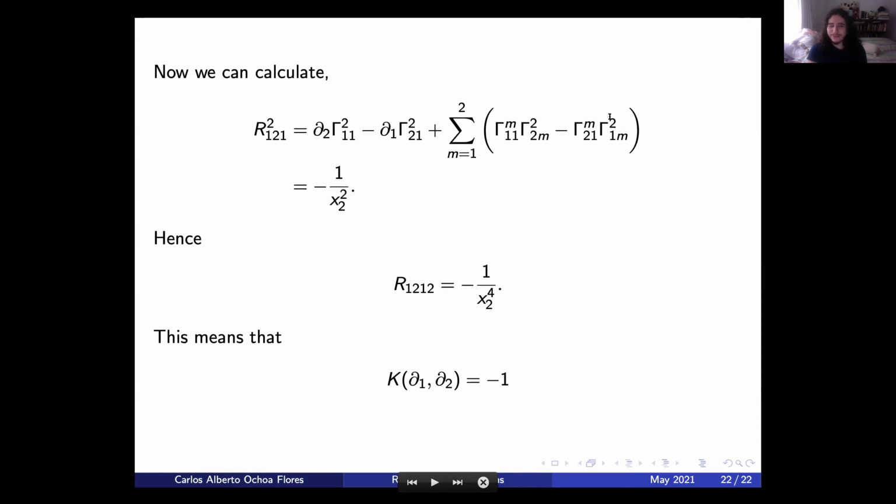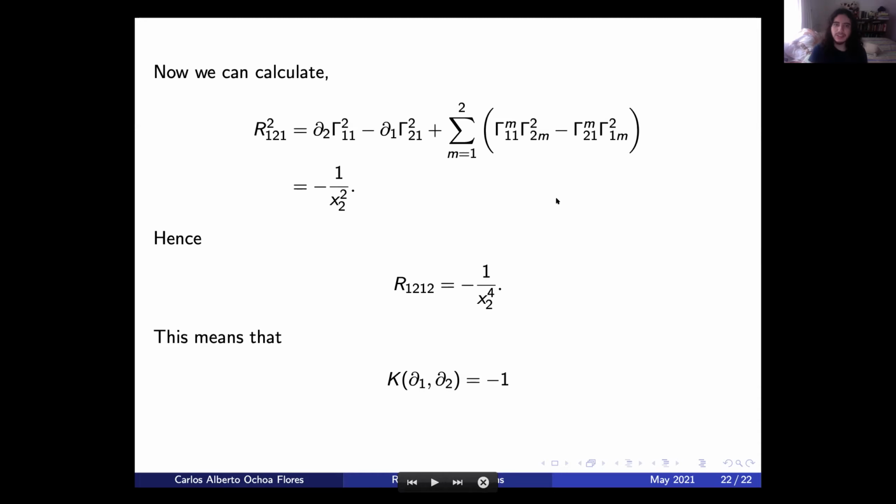And one can once again do the calculation and see that this whole thing will be 0. The term associated to m equal 1 will be -1 over x squared over 2 over x2 squared, and the term associated to m equal 2 will be 1 over y over x squared.